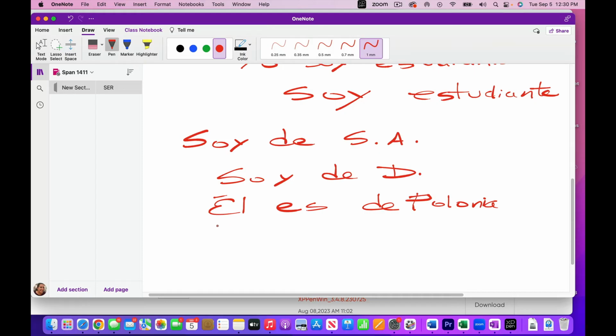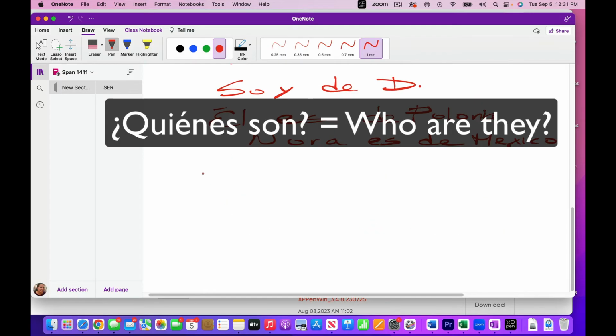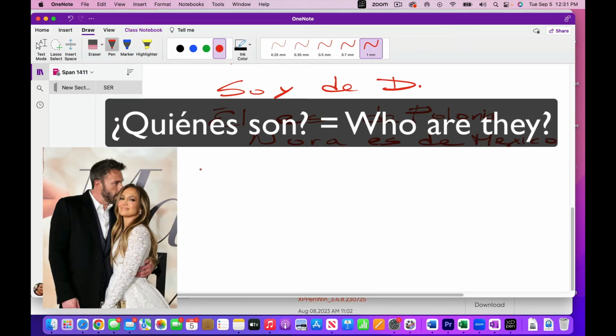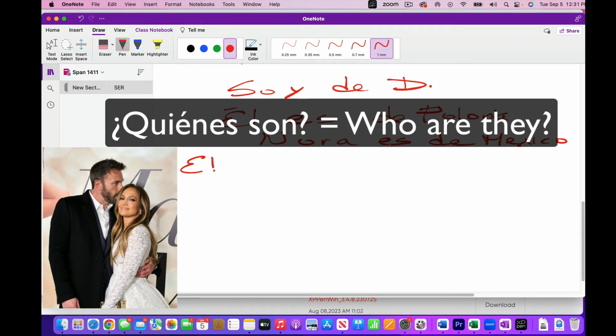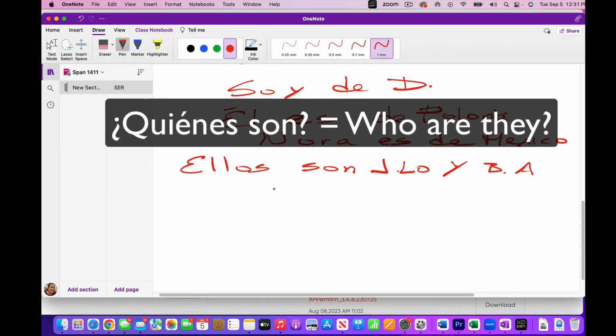What about, I could also use their name. I could say, for example, Nora es de Mexico. Let's say that I'm talking about people that are passing by. Who are they? Ellos son J-Lo y Ben Affleck. ¿De dónde son?